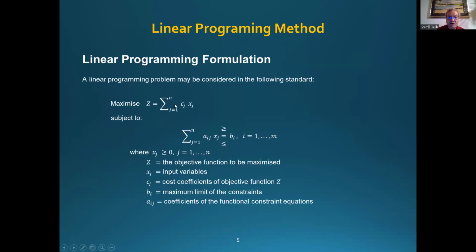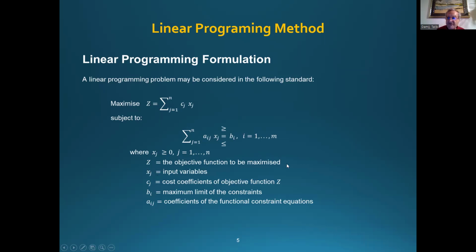We show on this slide the standard form of a linear programming model, which consists of the objective function Z to be maximized and a set of constraints specified on the basis of the data given in table 1.